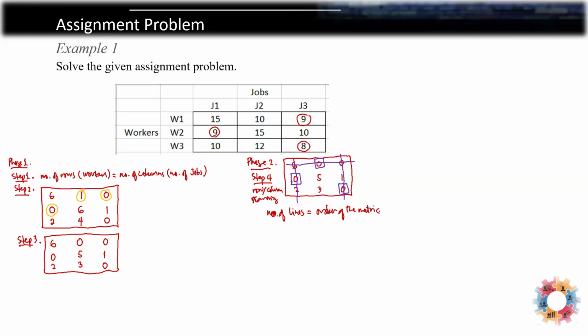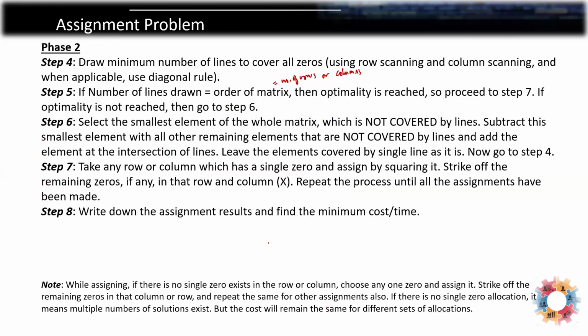And what is the order of the matrix? The order of the matrix is equal to 3 because this is a 3 by 3 matrix. There are 3 lines, and the order of the matrix is equal to 3. So since optimality is reached, we proceed to number 7.